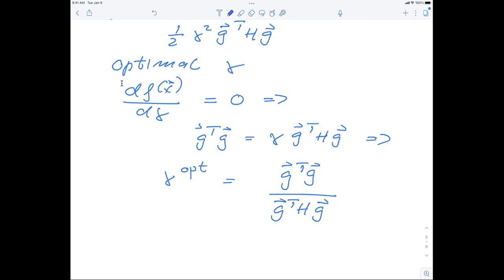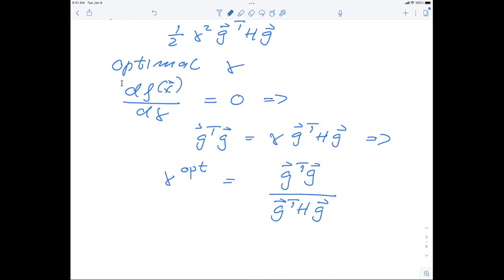This kind of step leads to what we normally call the steepest descent method. Later you will see the evaluation of this optimal value for this parameter.